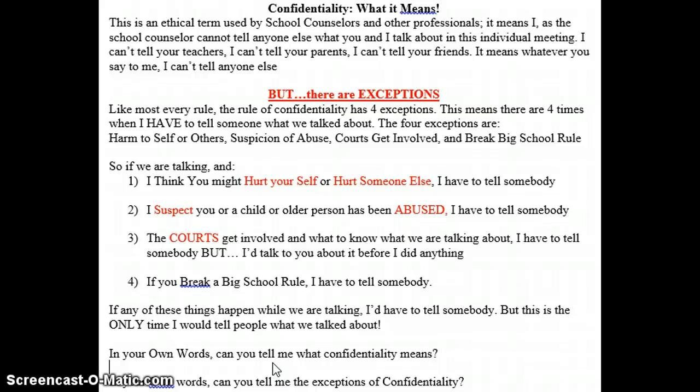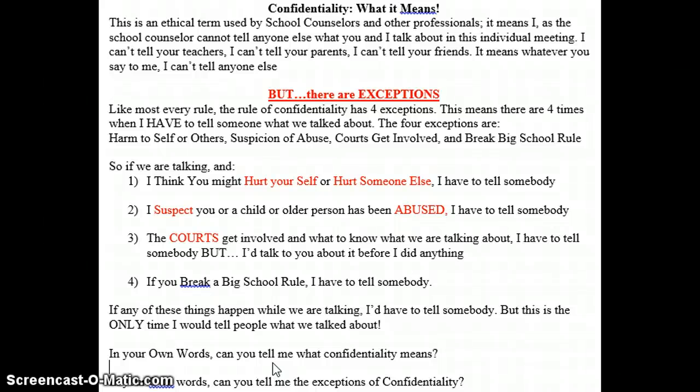This is where we check for their understanding. Oftentimes, they will not remember, even if you just told them. So again, you tell them what it means, and then you ask them to tell it back to you using their own words. Once they can say it back to you, then you move on to the exceptions, okay?